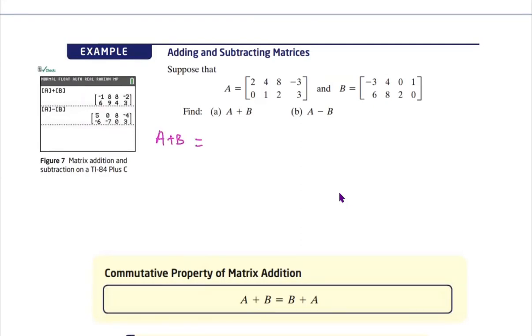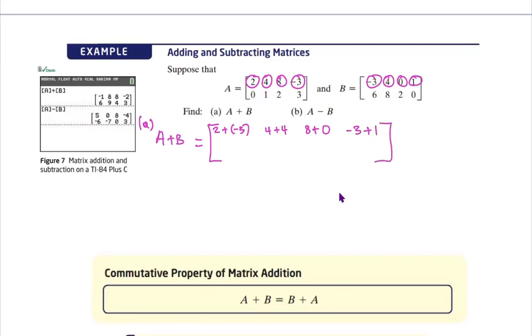that's my table, this one plus this one. So that is 2 plus -3. This one plus this one, that's 4 plus 4. This one plus this one, that is 8 plus 0. And this one plus this one, that is -3 plus 1.